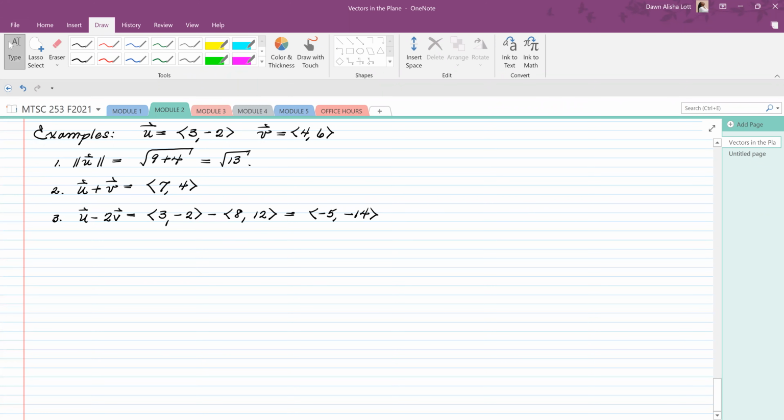Okay, let's refocus. All right, so now let's talk about a unit vector. A unit vector is a vector of length 1.